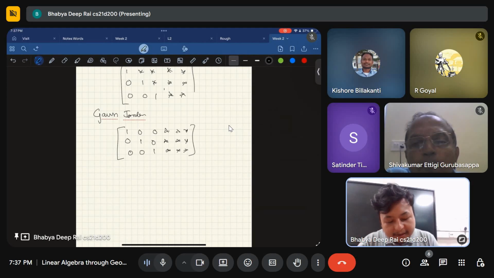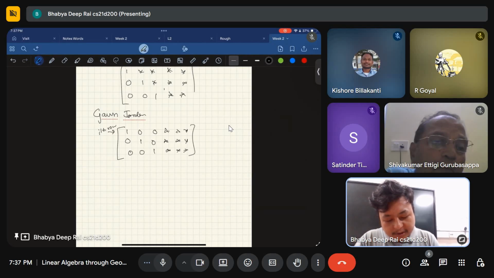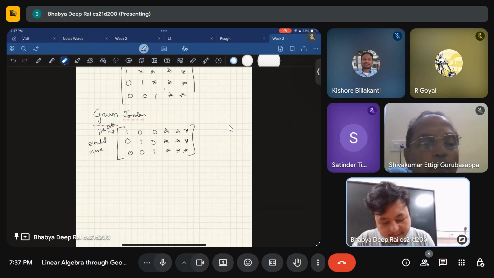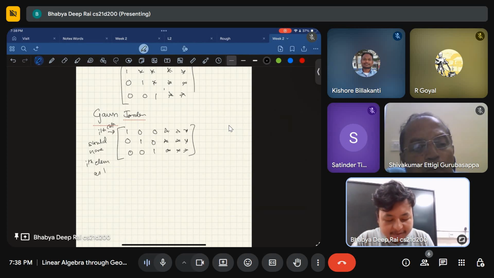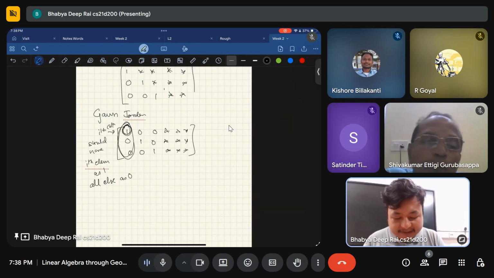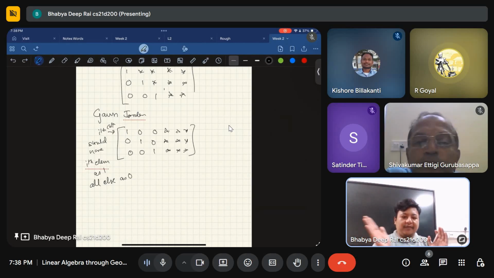So in Gauss-Jordan form, the ith column should have the ith element as 1, all else as 0. So the first column has the first element as 1, everything else 0, and so on, going from left to right.